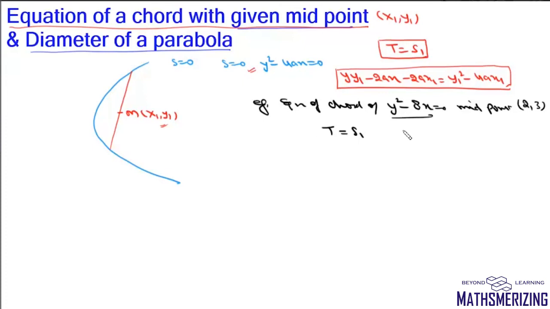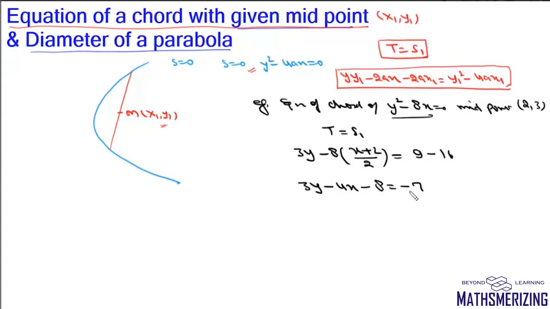So we can write this equation as 3y minus 8 times (x plus 2) upon 2, and this is y square, which is 9, minus 16. So it will be 3y minus 4x minus 8, and this is minus 7. So this equation will be 4x minus 3y plus 1 equals 0.